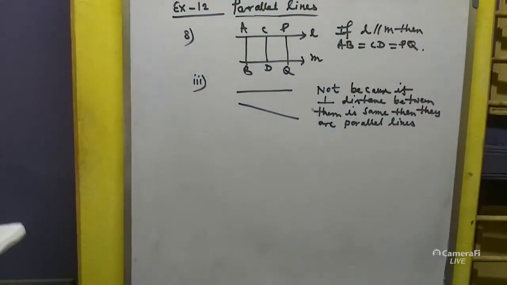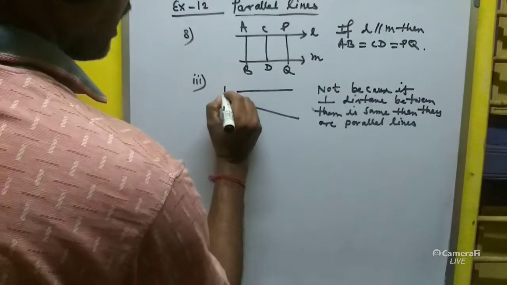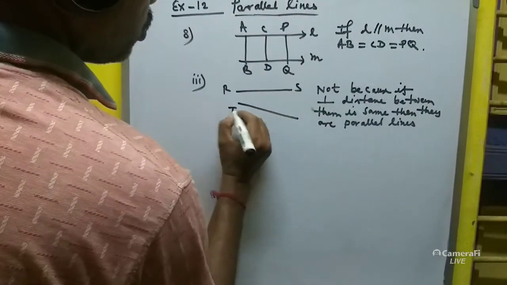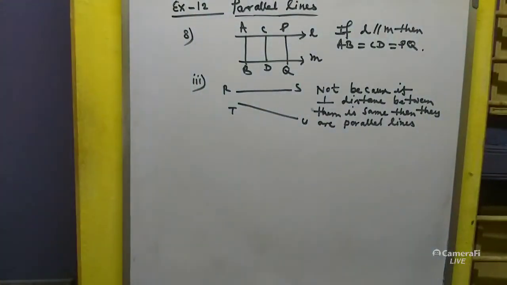So in this way you can say. Name them RS and TU, you can give any name.